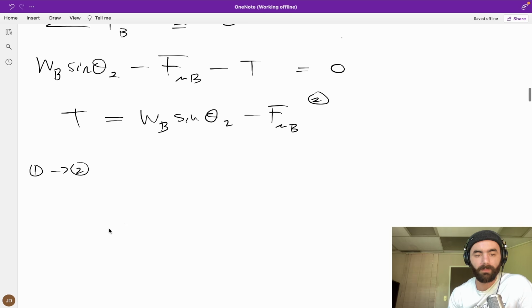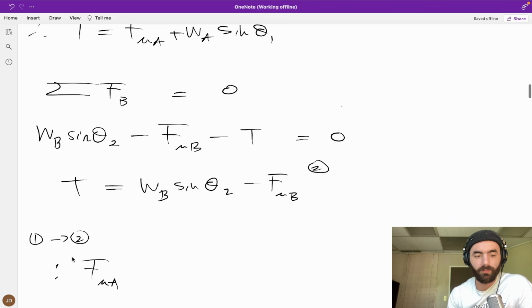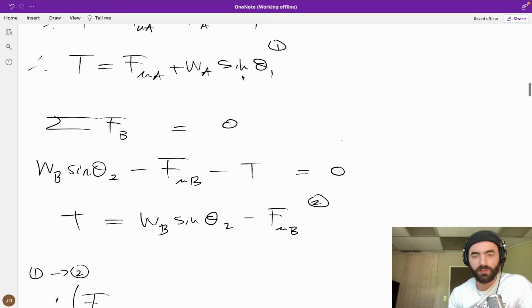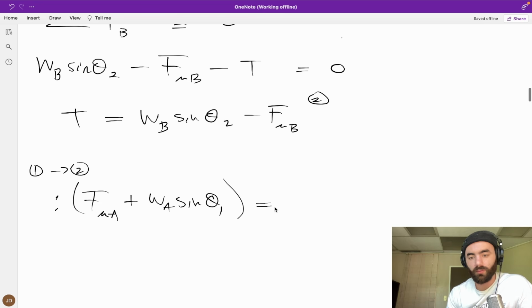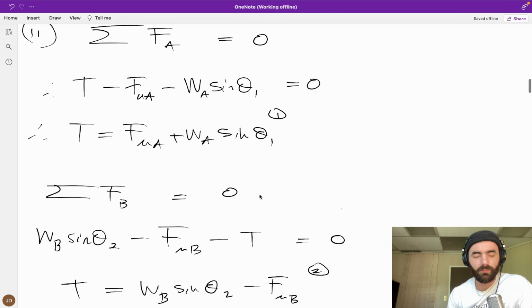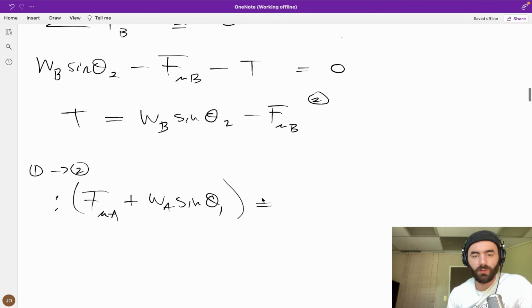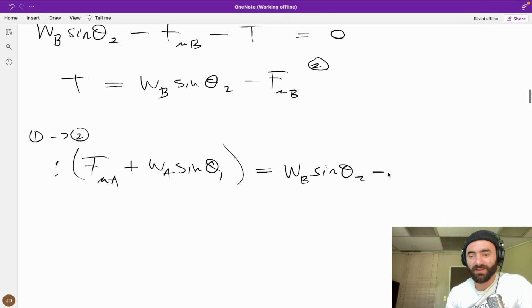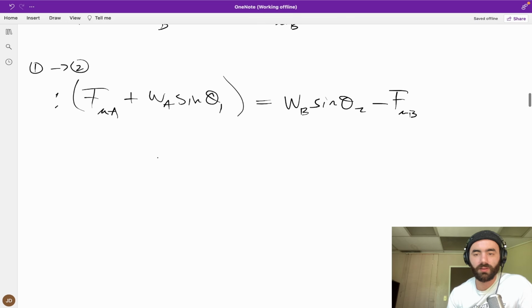So we get F mu A plus WA sine theta 1 equals WB sine theta 2, sorry, just had a mind blank, minus F mu B. Okay, let's take this over.